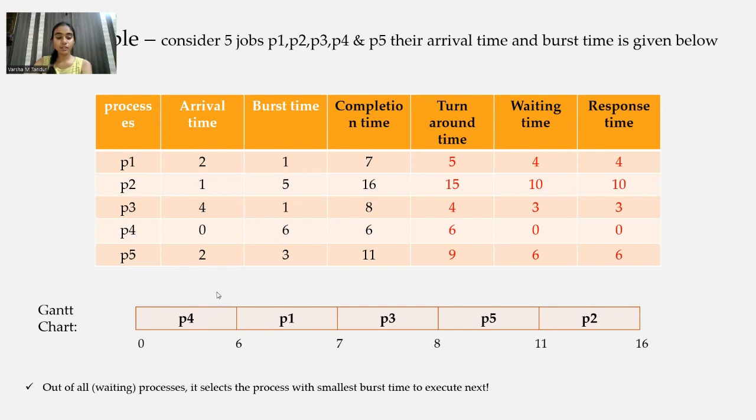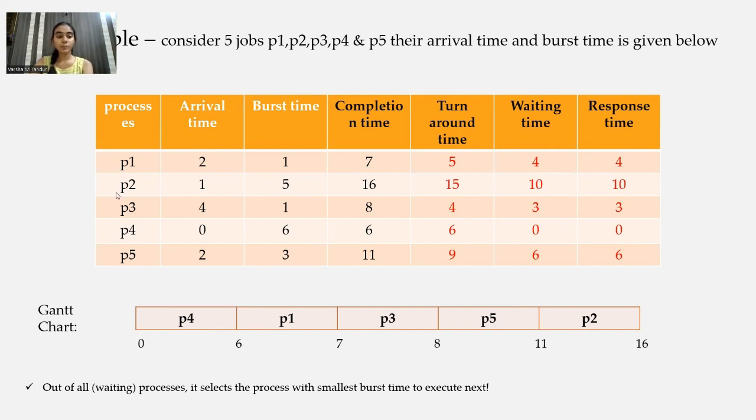This unit states that the arrival time of P4 is 0 and the burst time of P4 is 6. For the next process to be allocated, we have to check the arrival times within those 6 units.